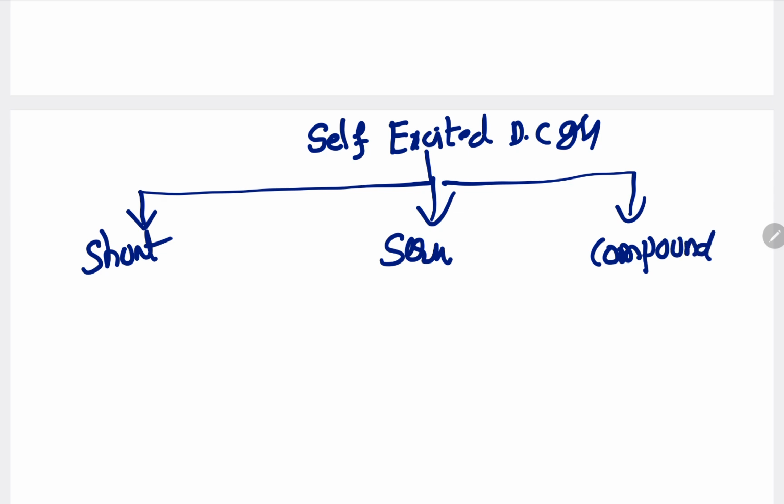Based on what criteria have we classified them into three types? In a self-excited generator, it is based on how the field winding is connected with the armature winding.